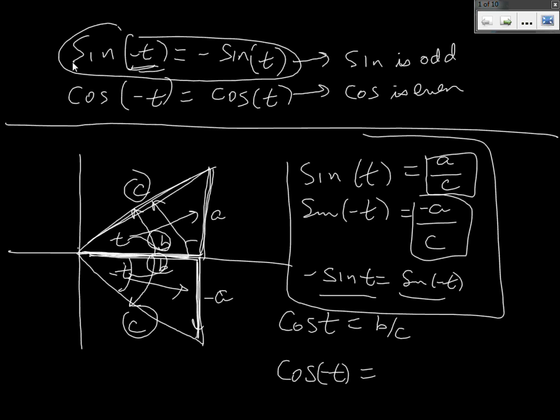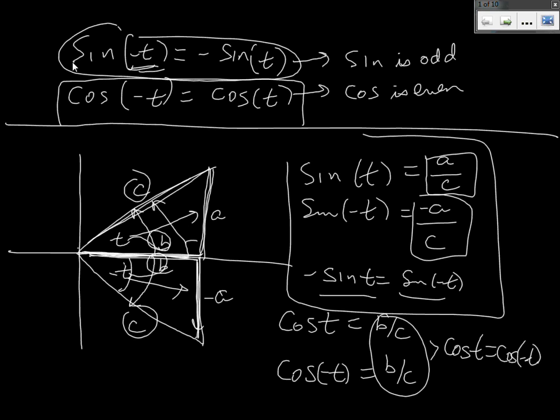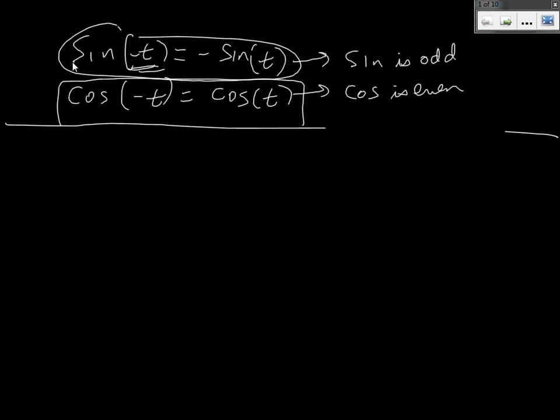Both of those triangles share the same adjacent. So we get b over c. Oh, look at that. They're equal. That means in quadrant 1, the cosine of t and the cosine of negative t are equal. Well, that's exactly what this says. So for quadrant 1, what I wrote on top is correct. Doesn't mean it's going to be correct in the other quadrants, we need to verify that.